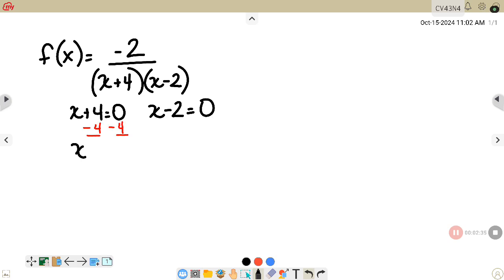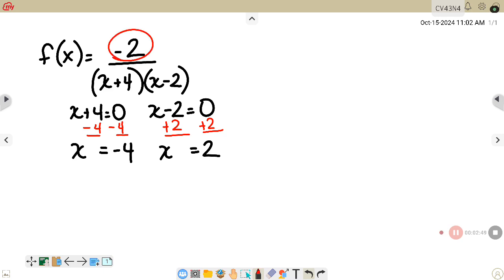So I get x equals negative 4. And on the next one, I will add the 2 to both sides. So I get x equals positive 2. Looking at the numerator, it doesn't have any zeros because it doesn't have any x's in it. So your 2 vertical asymptotes would be at x equals negative 4 and x equals 2.